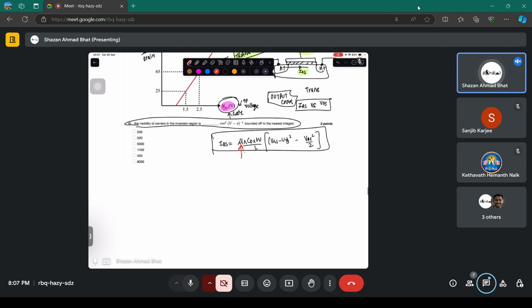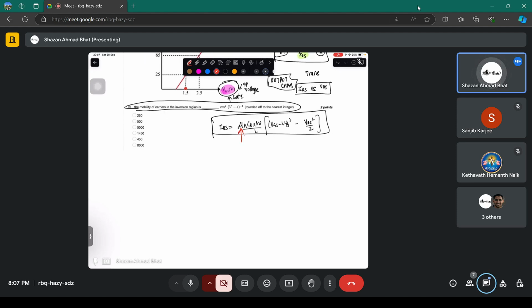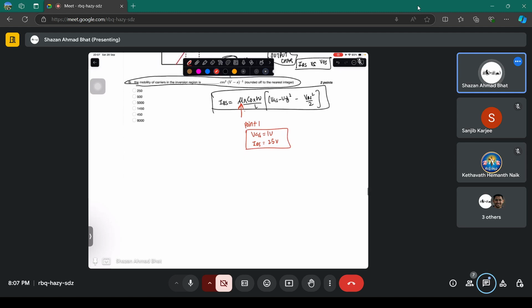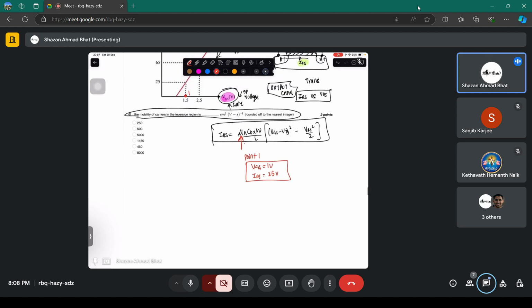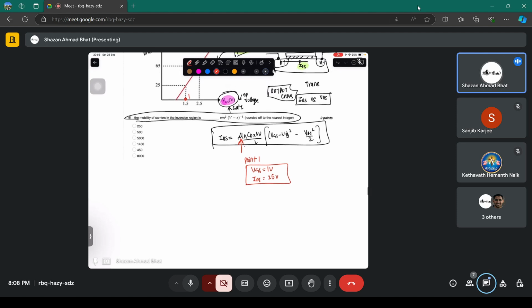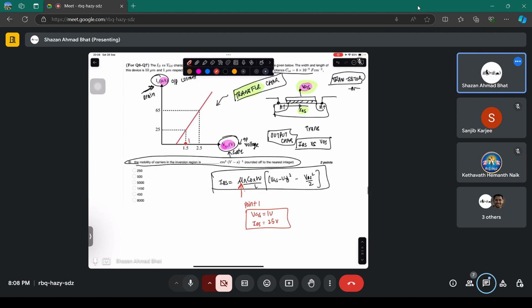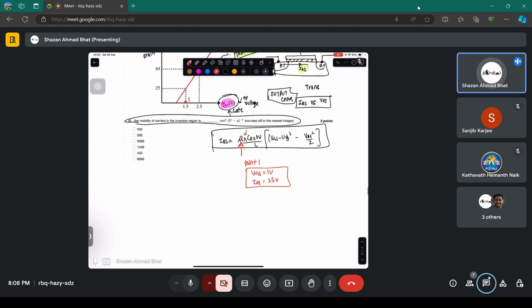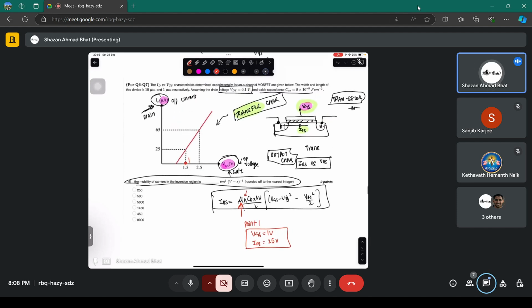Let's say, for example, you consider this particular point, point 1. At point 1, you have VGS equal to 1 volt and IDS is given as 25 microamps. Using these values, you can compute this because other things have been given.